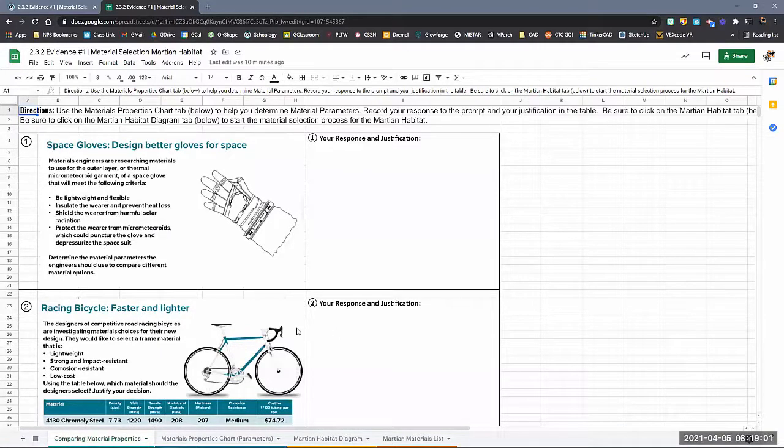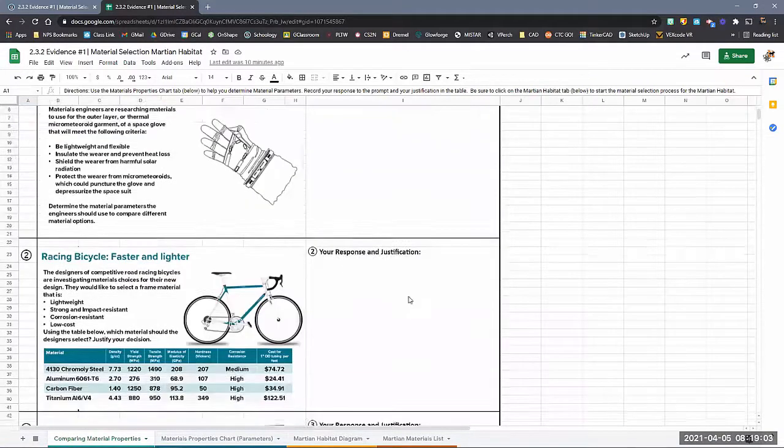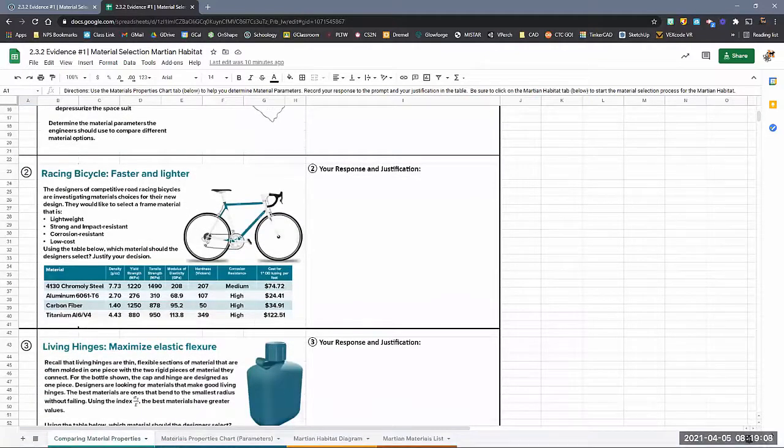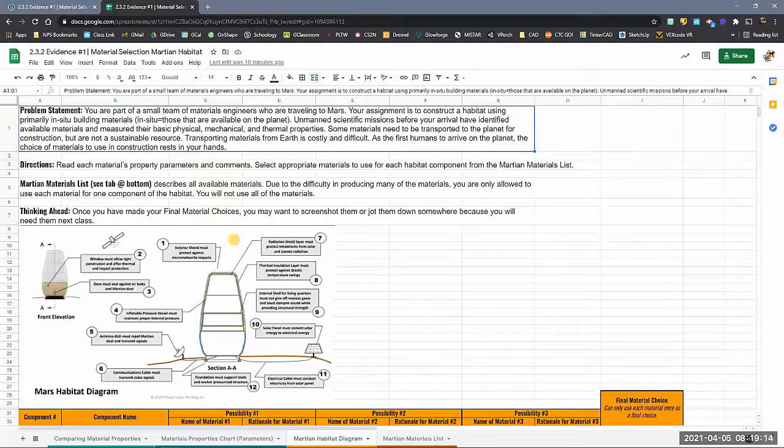Okay. Now the second thing, hopefully you can get this done before the end of class since we still have about 20 minutes. The other portion is over here on the yellow tab, it says Martian habitat diagram. For this last part, it's a similar idea to the first tab.